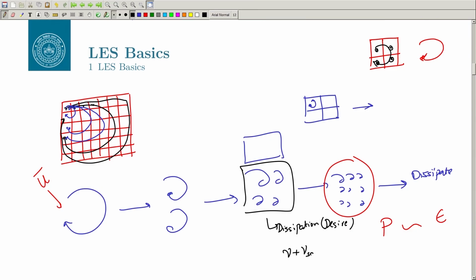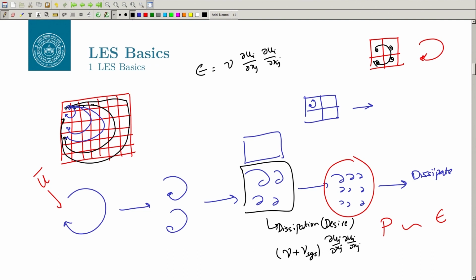Let us call that SGS, which is subgrid stress viscosity, and we will discuss more about that, times del u i by del x j, del u i by del x j. So, your dissipation rate, epsilon, originally was viscosity times del u i by del x j, del u i by del x j, viscosity times the velocity gradient.